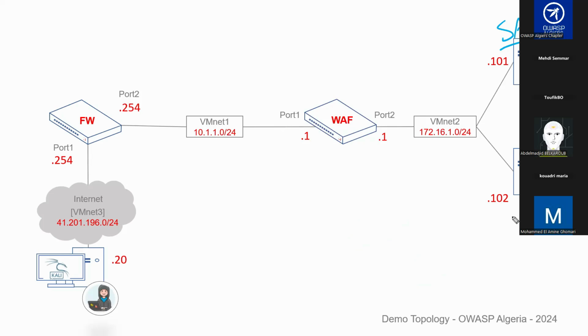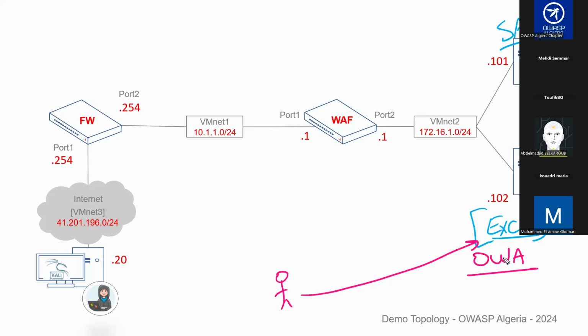Now, for the email system, you said, for example, Microsoft Exchange. This is a bit special. Why? Because to access your emails hosted in your Exchange server, there are two ways to do it. As a user, you can use what we call OWA, the Outlook Web Access.